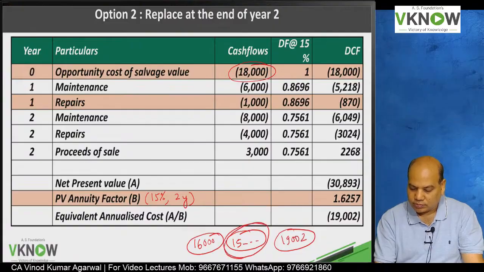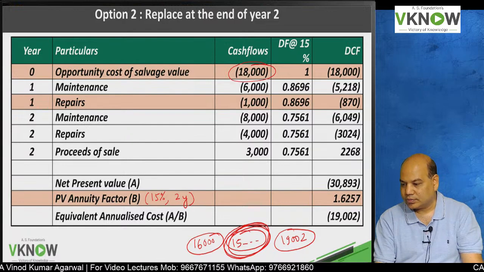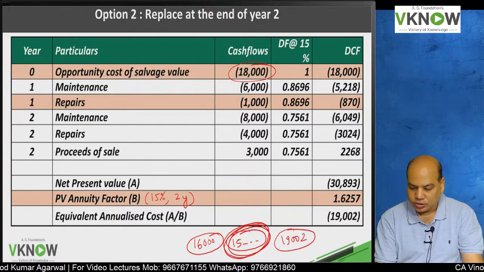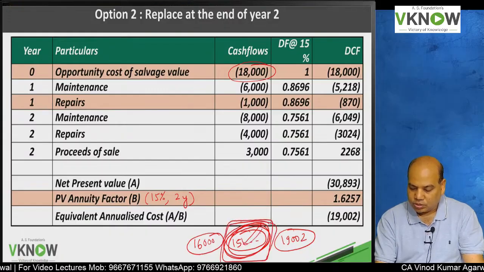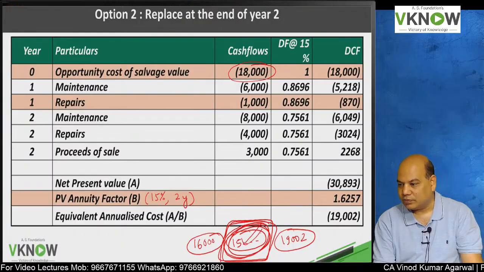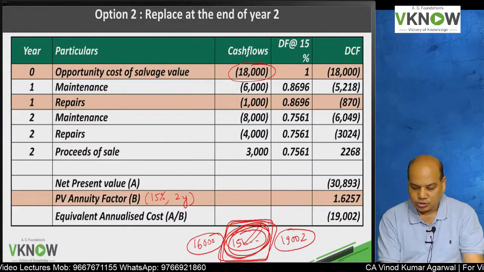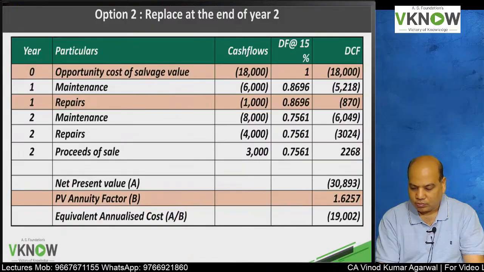This is lowest. Can you see this is lowest? If this is lowest, you should reply old machine should be replaced at the end of year 1.